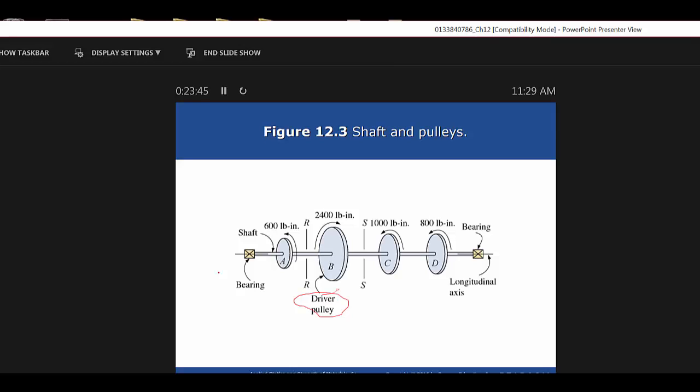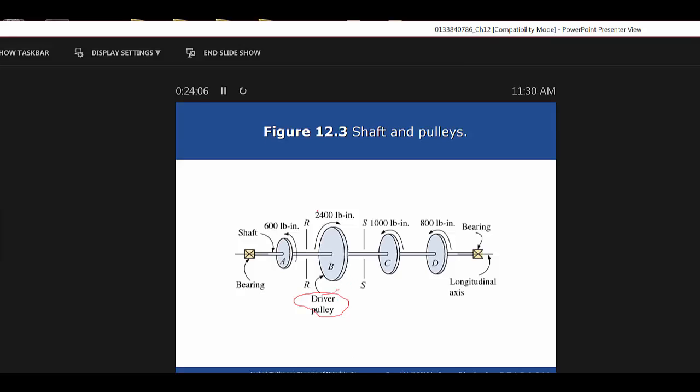True. To determine the torque at section RR, cut section RR perpendicular to the longitudinal axis of the shaft, anywhere between pulley A and B. So in theory, we're going to take a saw and cut that.